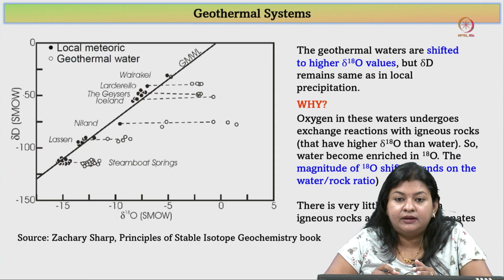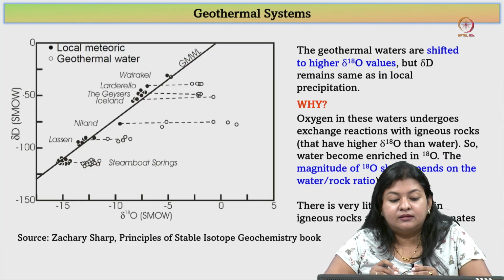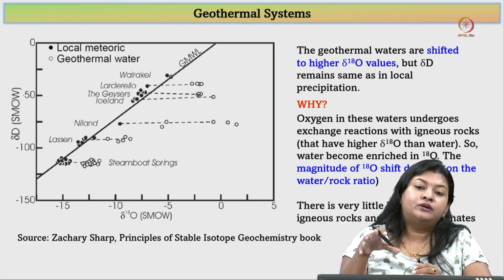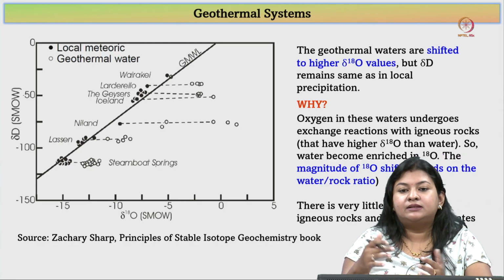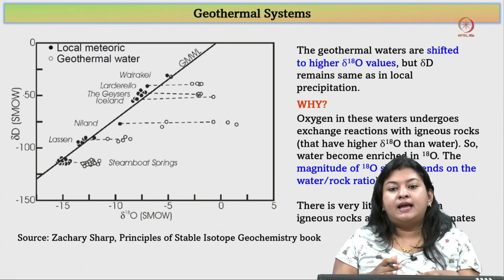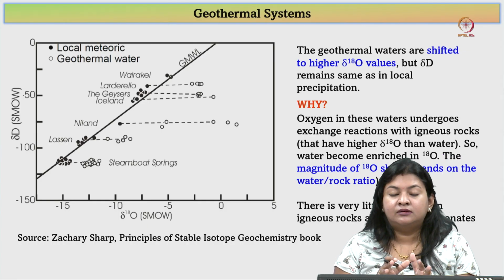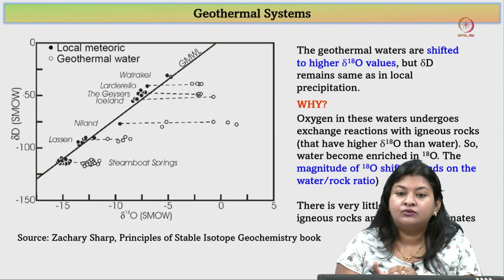So, what is happening here is that the local meteoric water, wherever rainfall is happening, goes inside the cracks, it will go inside the soil, and there will be some heating source, some kind of geothermal source.